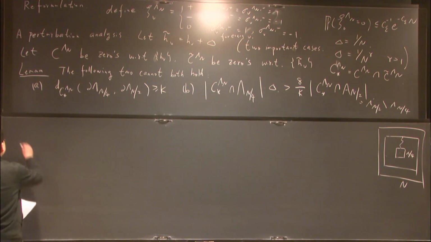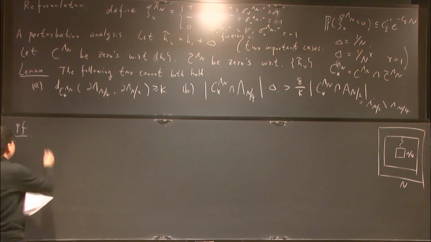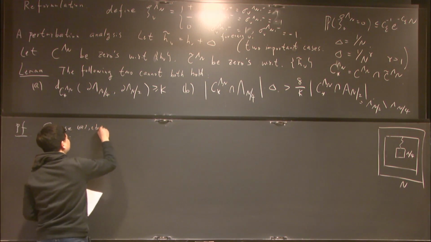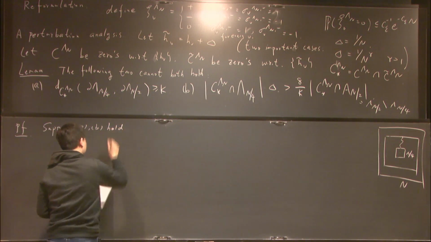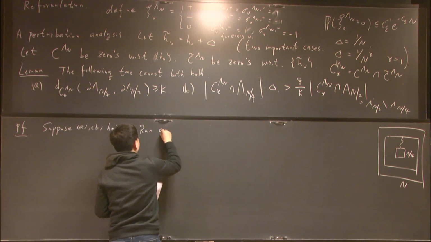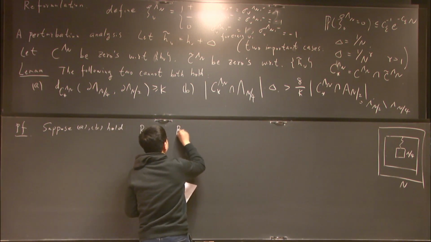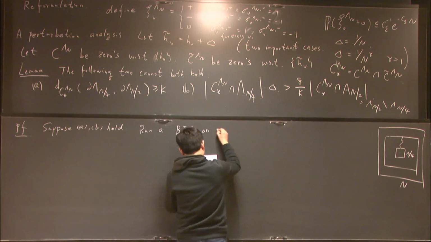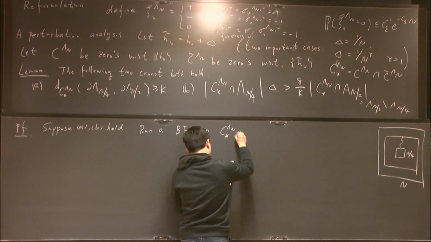Okay, now I need to give you a proof. We prove by contradiction. Suppose A and B hold. Then we run a breadth first search on C star lambda n.